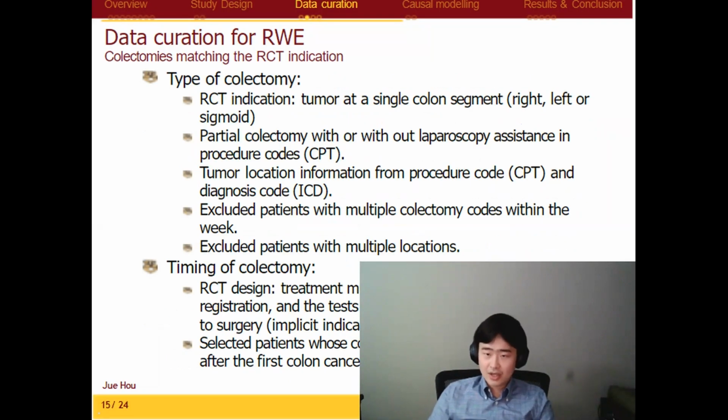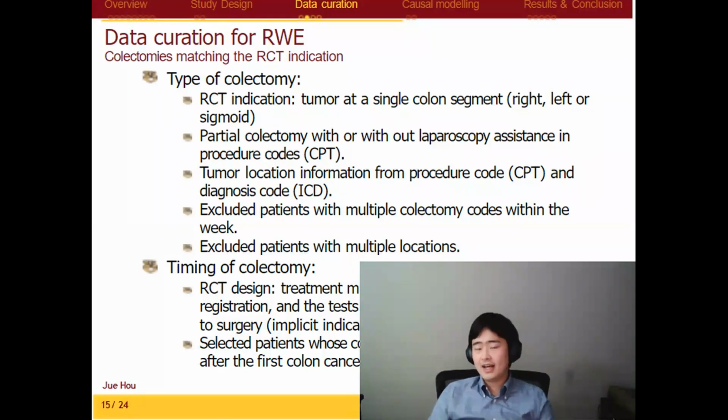And then in the data indications part, we first narrow down the type of colectomy that the patients underwent. Based on the description of the CPT procedure code, we focus on those with a partial colectomy on a single colon segment.